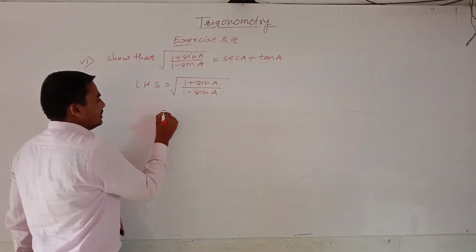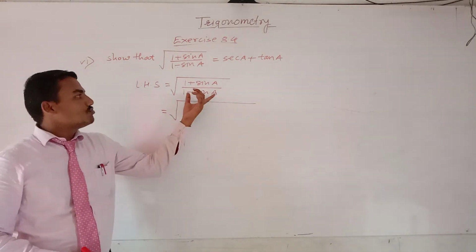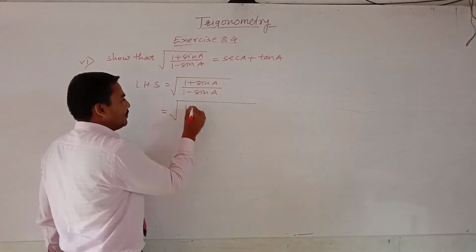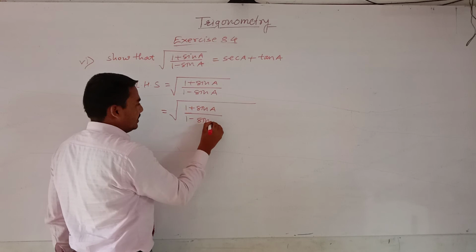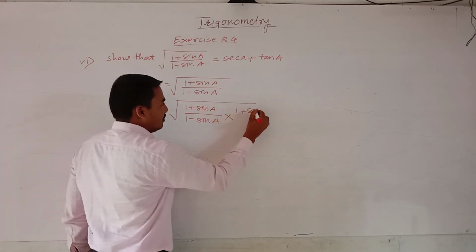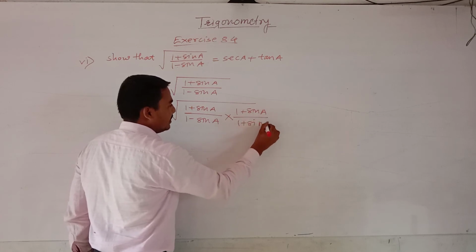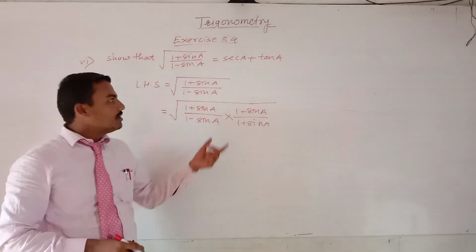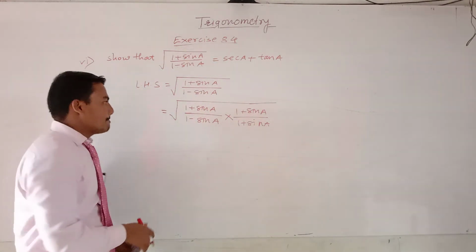Now inside the square root, we have to multiply 1 plus sin A, 1 minus sin A. Here is minus, so we have to multiply 1 plus sin A and 1 plus sin A to the numerator and denominator.